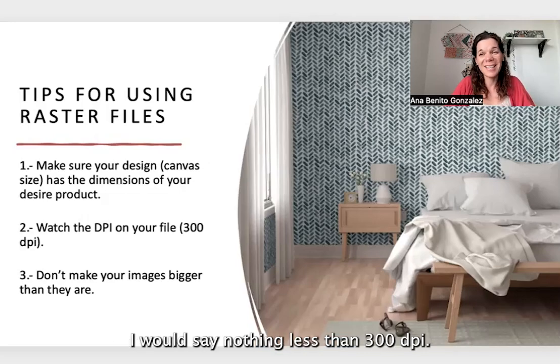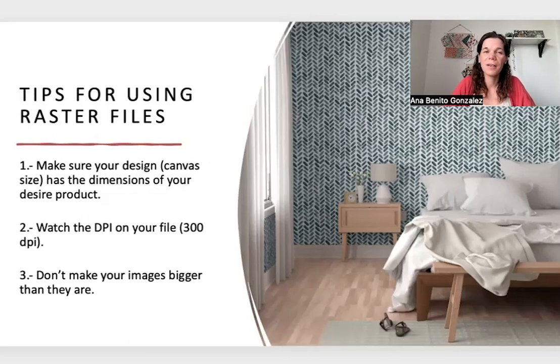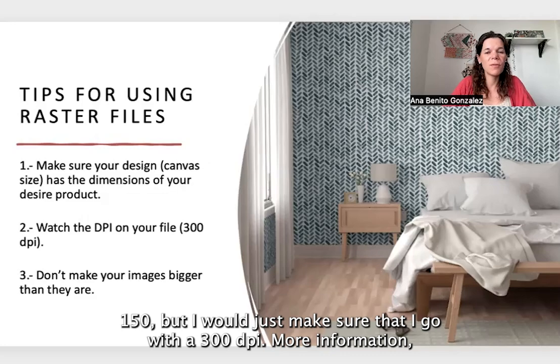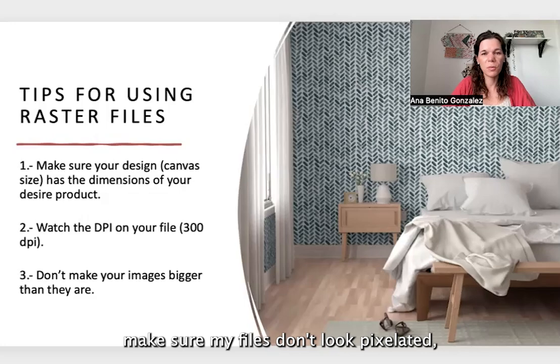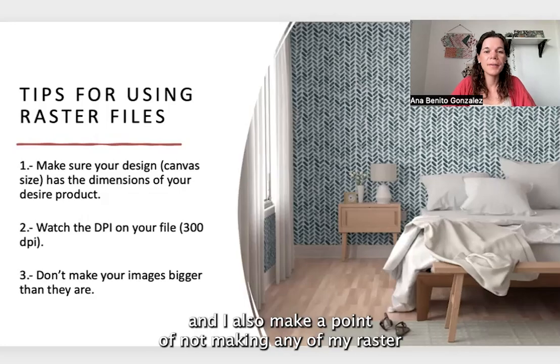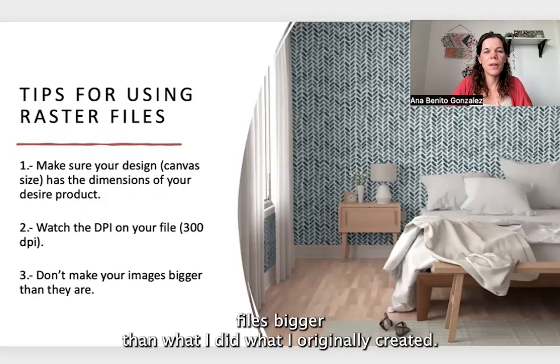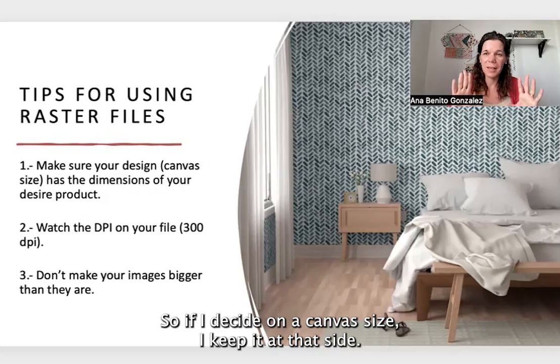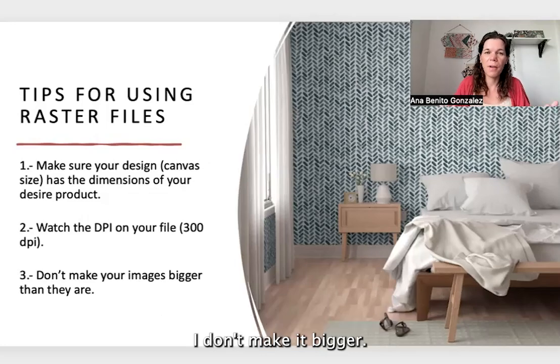I would say nothing less than 300 DPI, sometimes maybe 150, but I would just make sure that I go with 300 DPI, to make sure my files don't look pixelated. And I also make a point of not making any of my raster files bigger than what I originally create. So if I decide on a canvas size, I keep it at that size, I don't make it bigger.